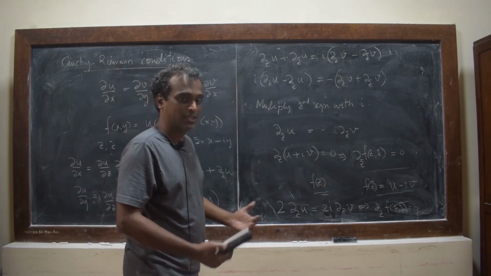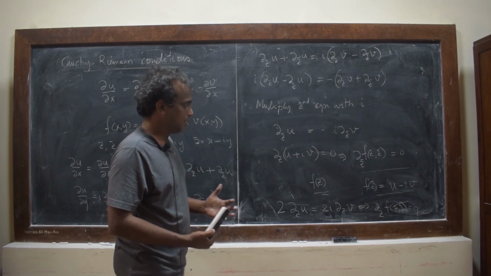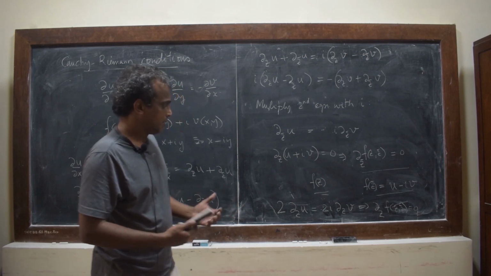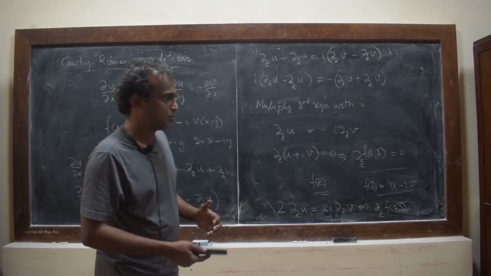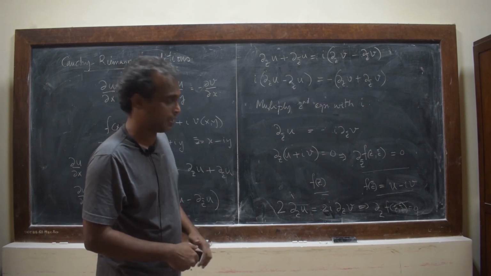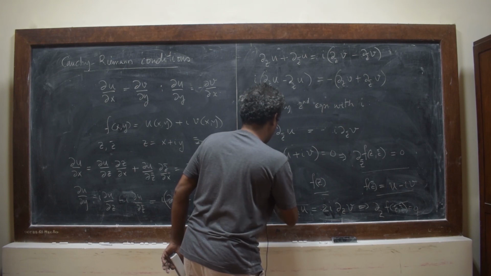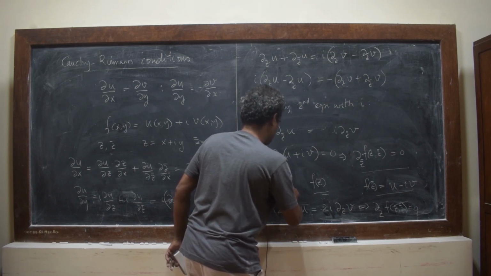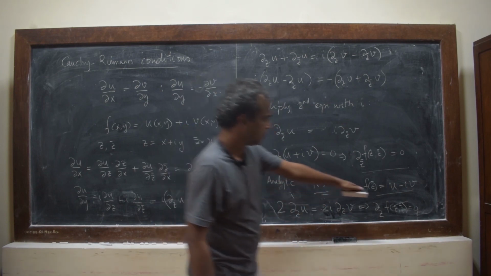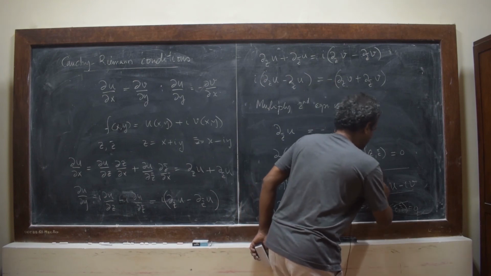So, to distinguish these two parallel ways or two possible ways of defining an analytic function, usually this is called an analytic function, while this one is often called an anti-analytic function.